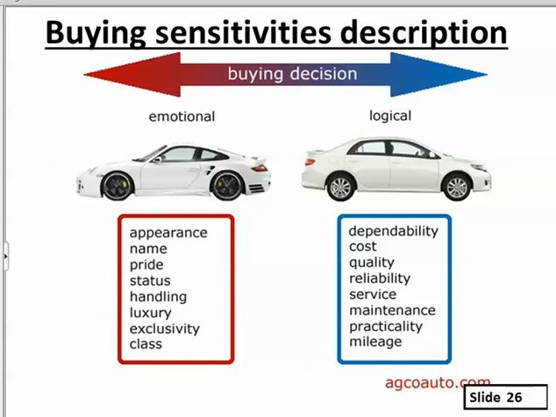Okay, and so you're going to have customers who fall somewhere between those two extremes depending on the product and the service that you're offering. Okay? So you need to know how to appeal to the ones who are more emotional and how to appeal to the ones who are more logical, because you'll have both and you'll have everything in between. So you have to have a way to structure your marketing and your approach to those different sensitivities in how people buy.